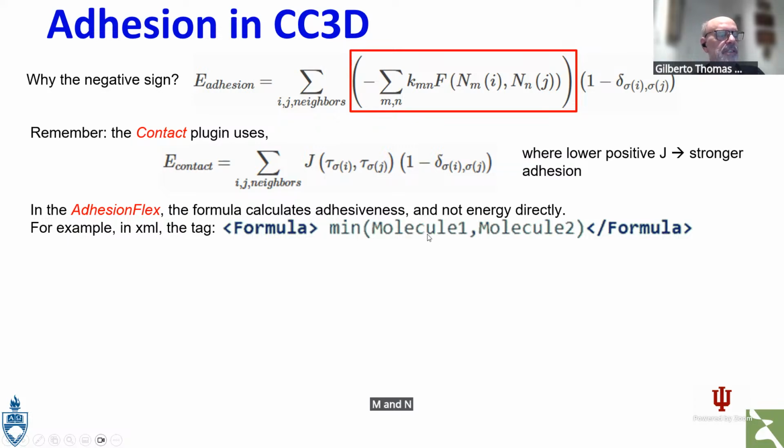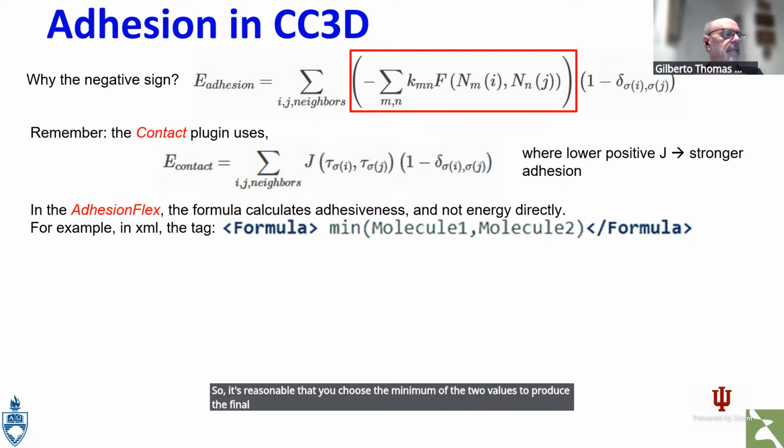So you say, well, they attach with the strength of the one which has the smaller amount of concentration per surface. Yeah, because if one cell has 5 junctions and the other has 10 junctions, only 5 will attach. So it's reasonable that you choose the minimum of the two values to produce the final adhesion. Okay?